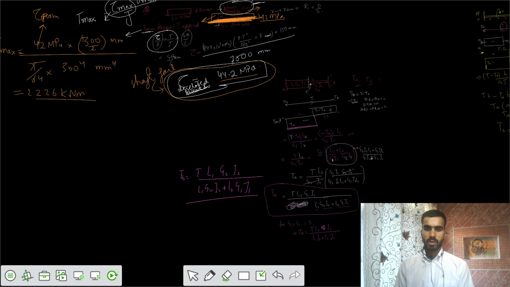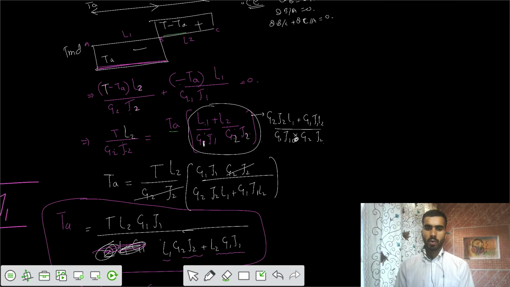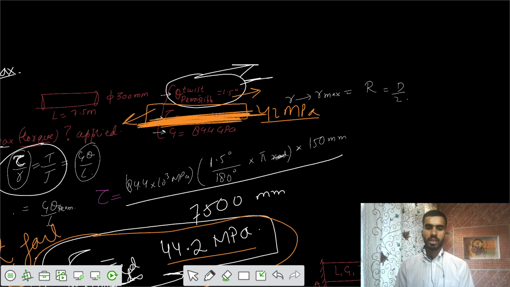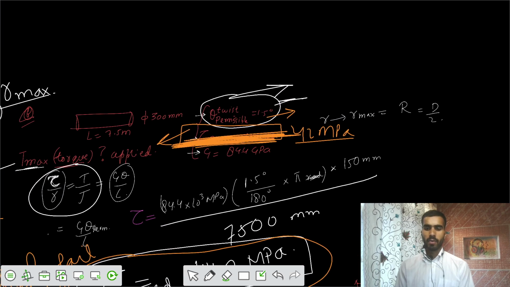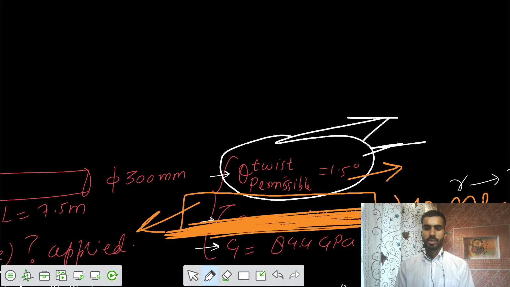You got this value. And one more thing is that you can do it in the reverse manner also. Let's say I want theta, the twist, to be maximum.